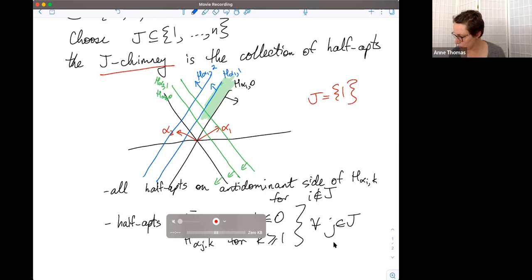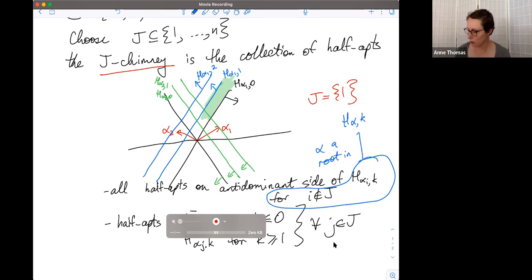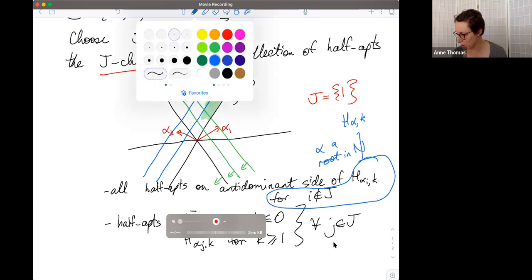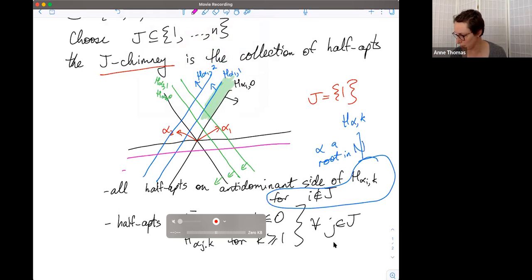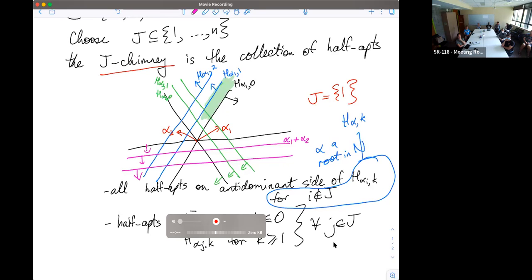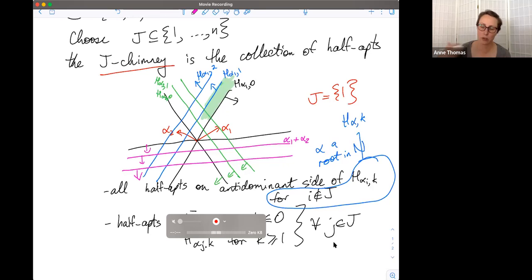This statement here should be H alpha K for alpha root in N, so N is the unipotent. So the family of walls that I haven't drawn but should have are these horizontal ones. These are the alpha 1 plus alpha 2 walls. And you pick the anti-dominant side of all of those too. And then all of those walls together will pick out a unique alcove, if J is including everything.